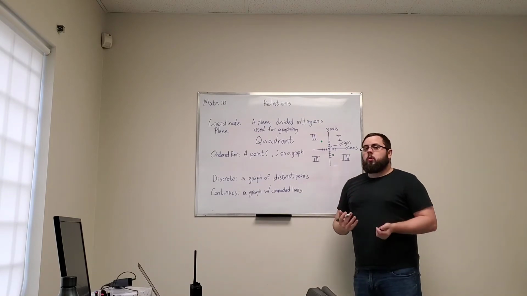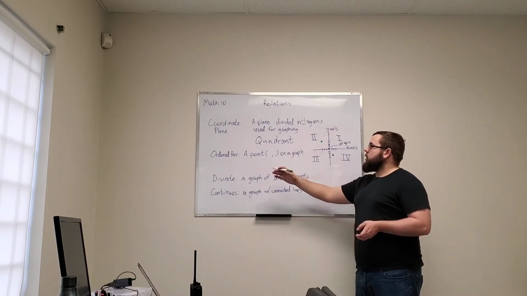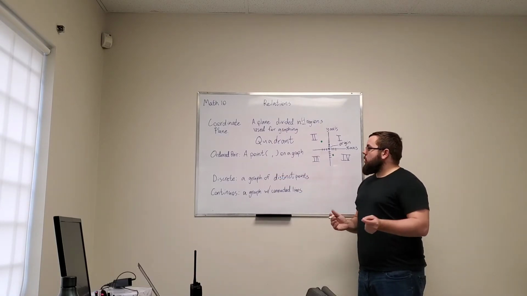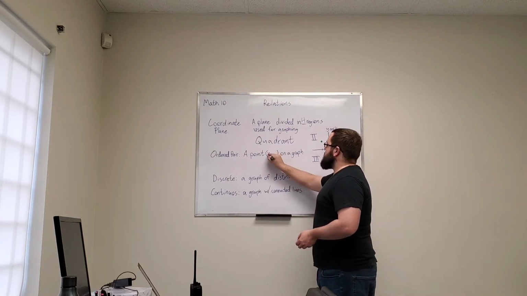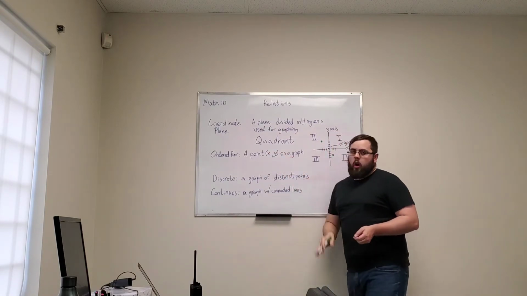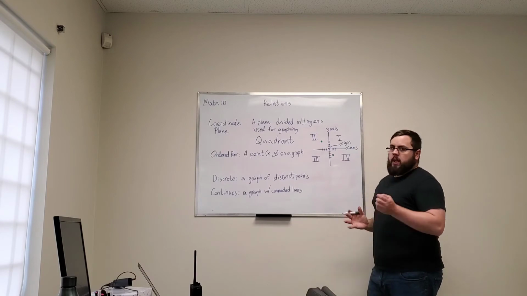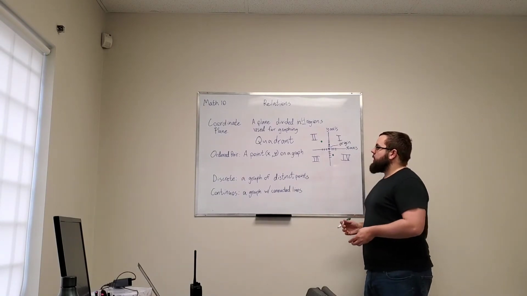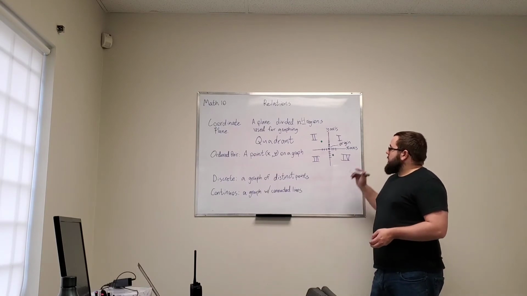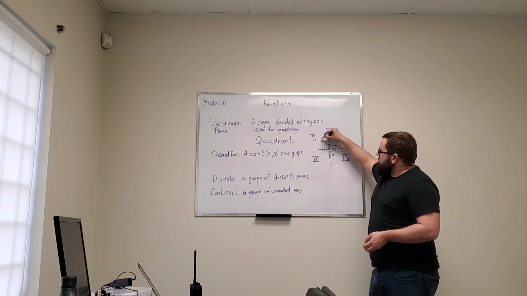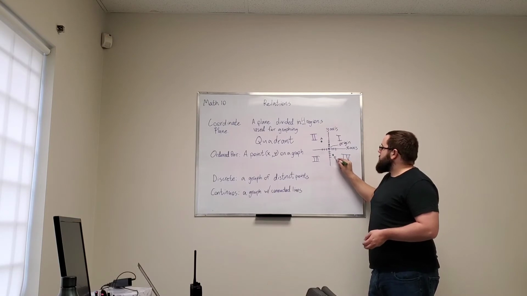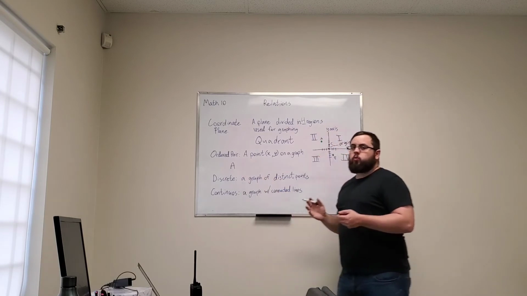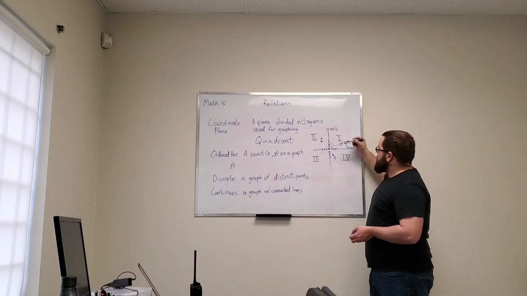So let's look next at something called an ordered pair. An ordered pair is a point (x, y) on a graph so that we can plot them or interpret where they're supposed to be. If we look here, I've got, for example, this one is A, this one is B, and this one is C. If we want to read where A is on the graph, again, we start at the origin.